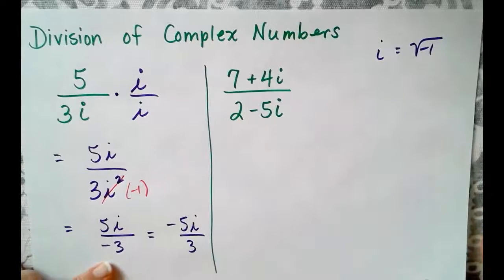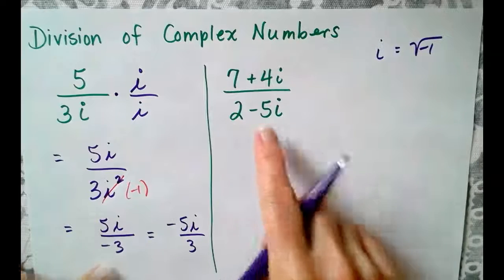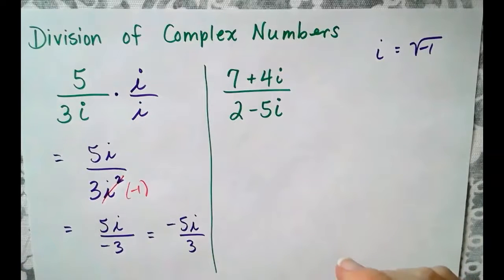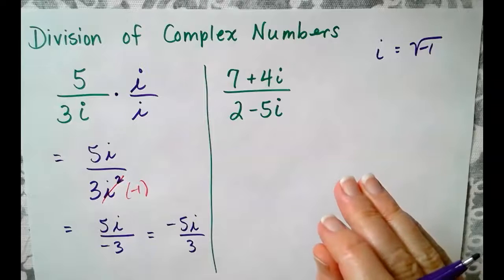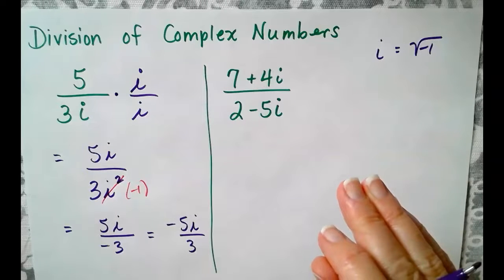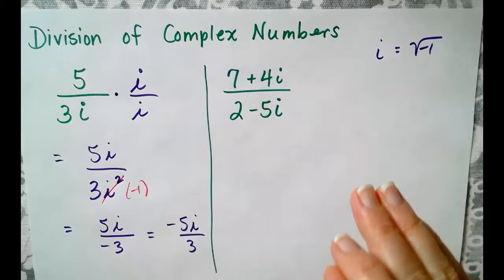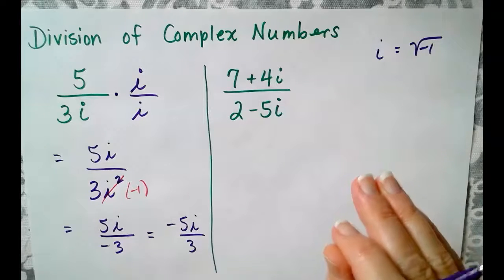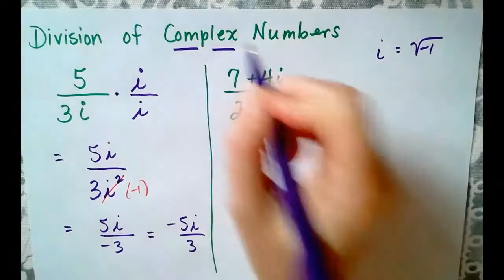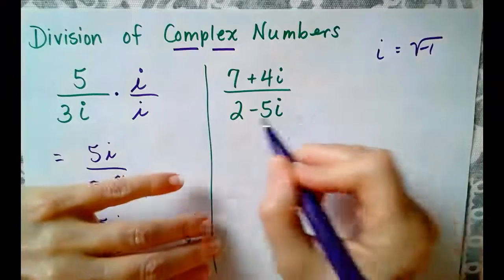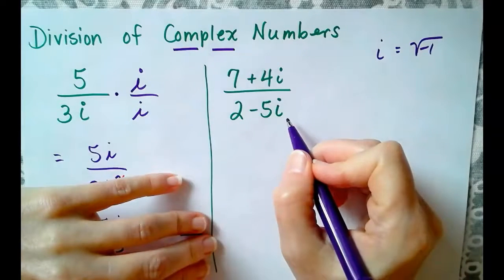On the right, we have a binomial in the denominator of the fraction. In order to rationalize a binomial expression, we saw this in a previous video, we need to use a conjugate, and in this case, a complex conjugate. So 2 minus 5i is in the denominator.